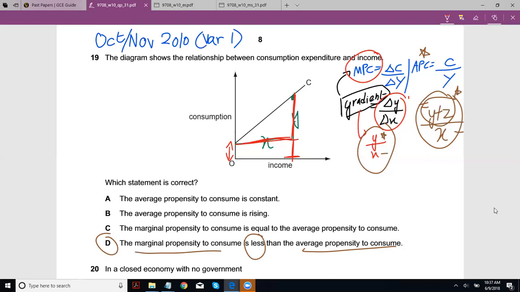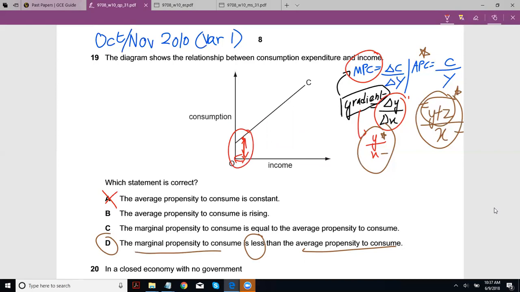If you want to look at the other options, the APC is constant. Well, not really, because it has an intercept here. So if you picked a point really close to the y-axis, then you would see that your denominator value, your income, is very small, but your numerator value is very large if you compare the proportions.